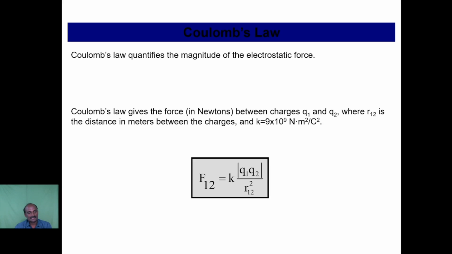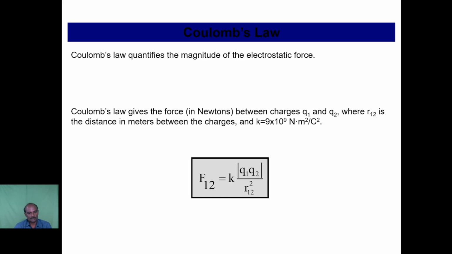It says the force between any two charges, taking Q1 and Q2, two charges which are separated by a distance R12, is equal to K into Q1 Q2 by R12 square.